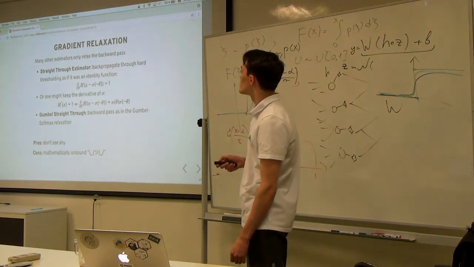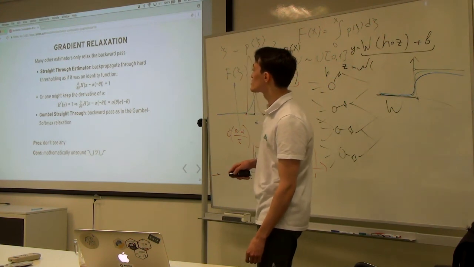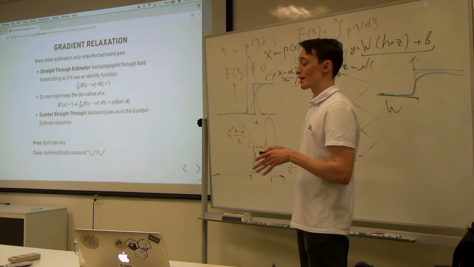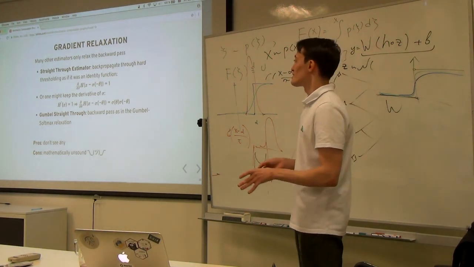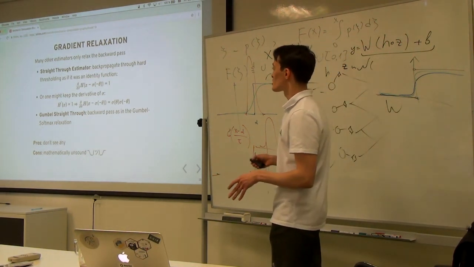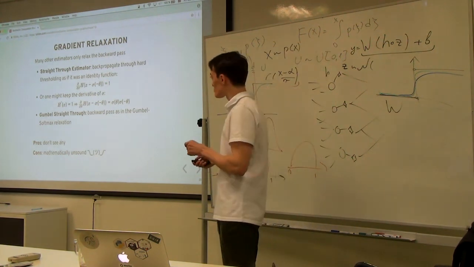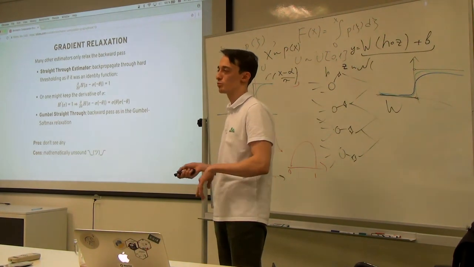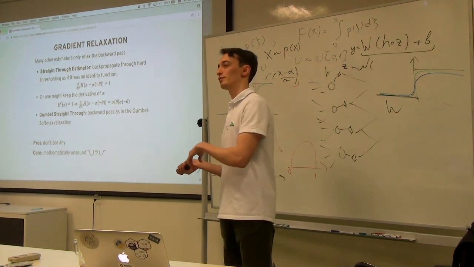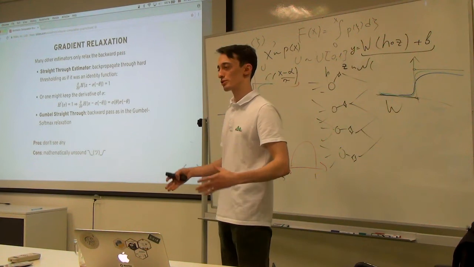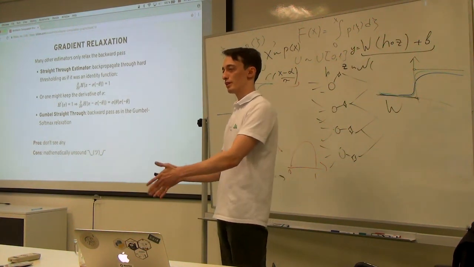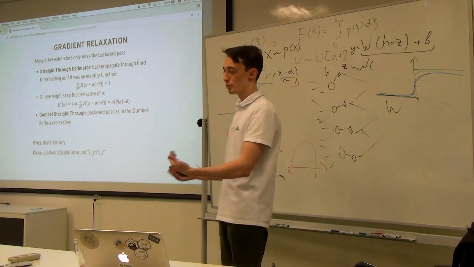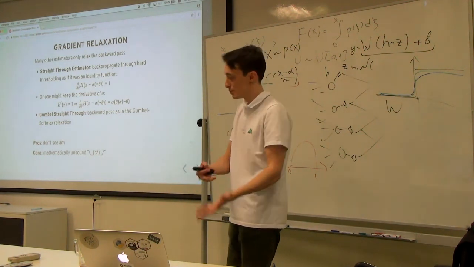Now, there are also some other methods that do completely crazy stuff. This section is about methods that only relax gradients, that only relax the backward pass. So far we were relaxing the model itself: you compute the forward pass in your relaxed model, obtain the error in your relaxed model, and then backpropagate the error in your relaxed model.